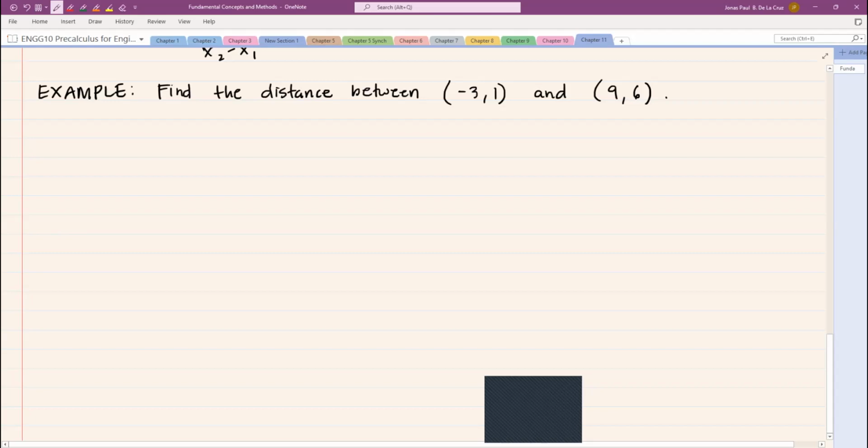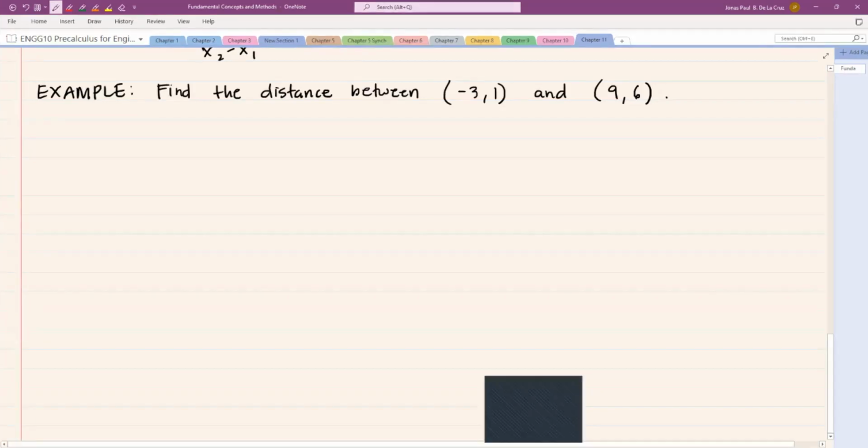Okay, it does not matter kung ano yung P1 natin dyan, ano yung P2. Kahit ano, okay lang, ano? So kung i-designate natin that P1 is -3, 1, and ang P2 natin ay 9, 6.